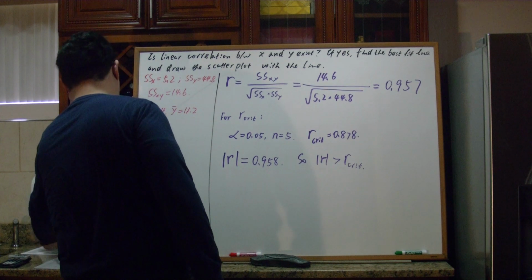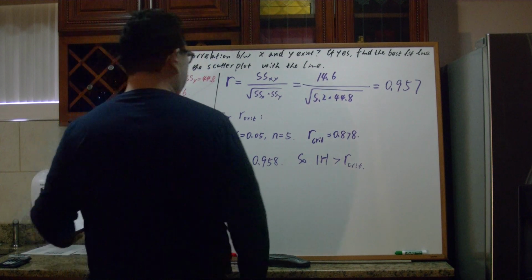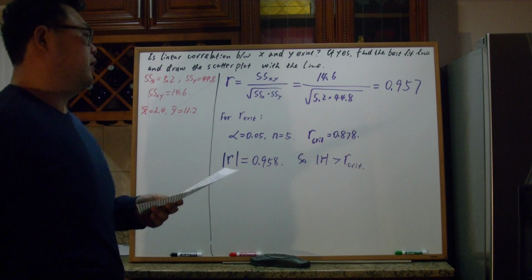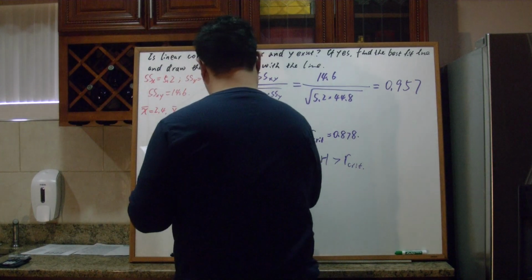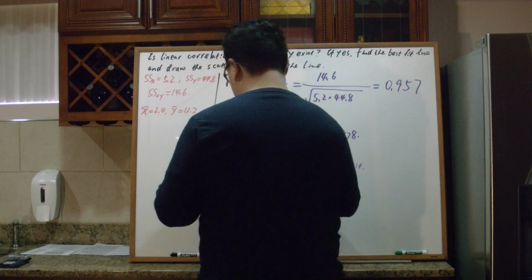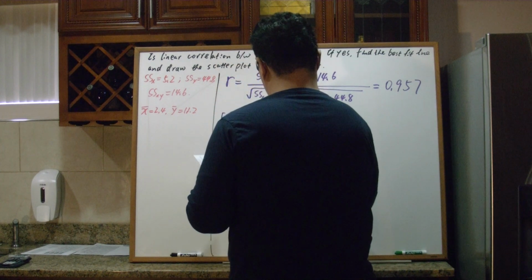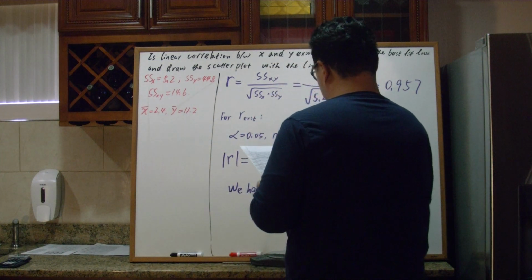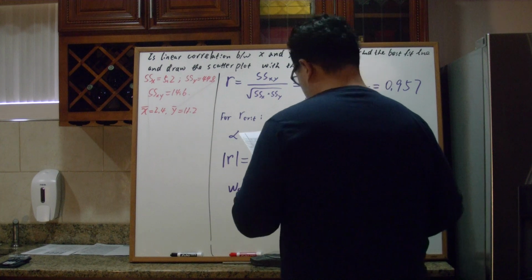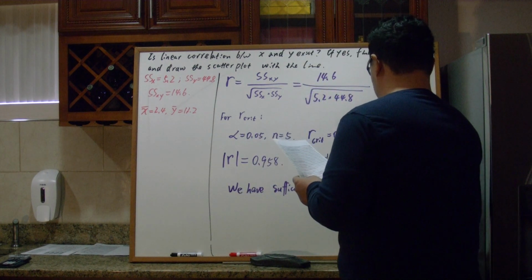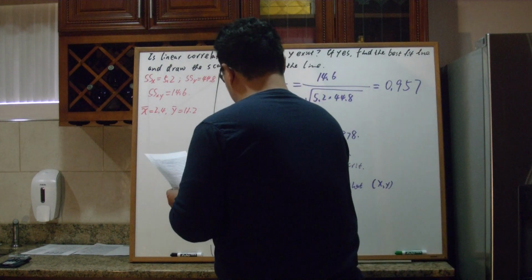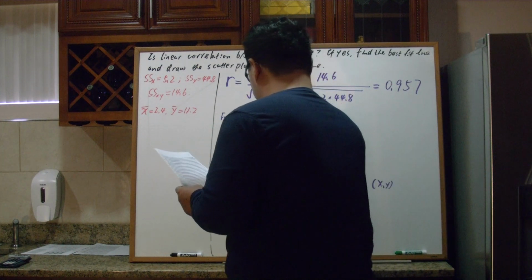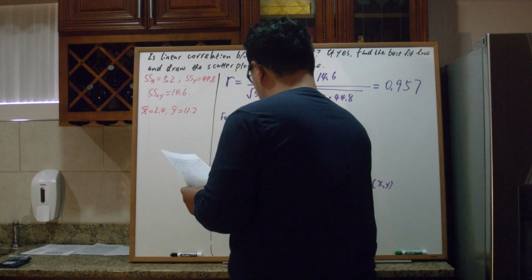Right, so once the computed correlation coefficient has absolute value bigger than the critical value, we can say that we have sufficient evidence that x and y are linearly correlated.